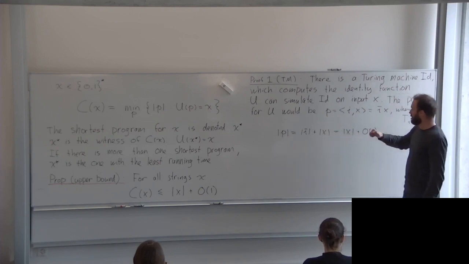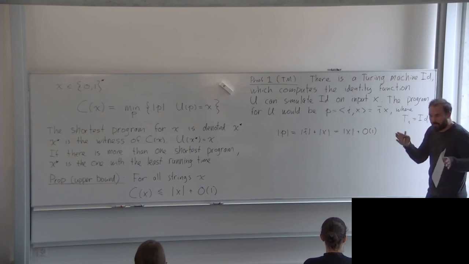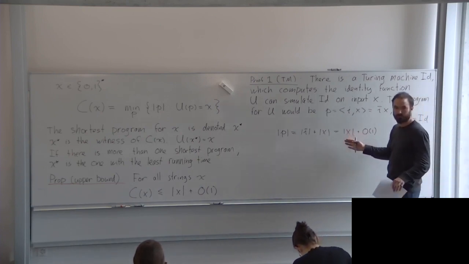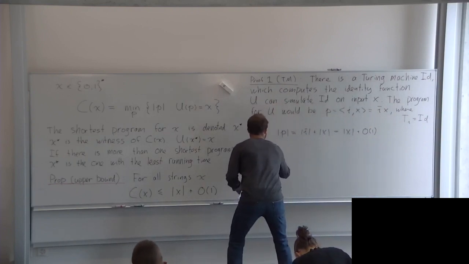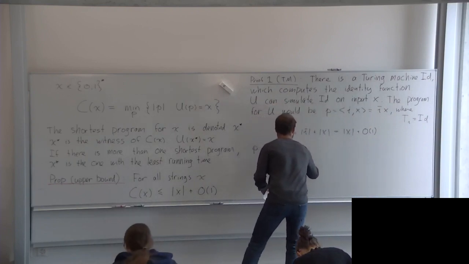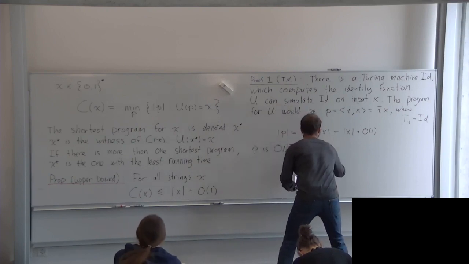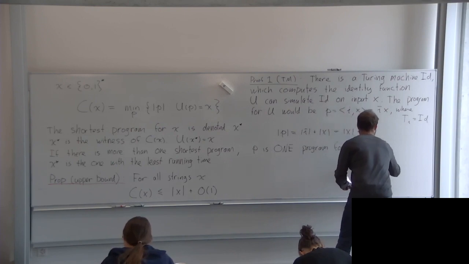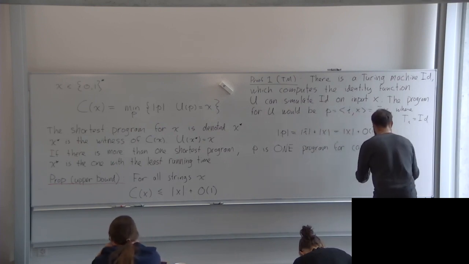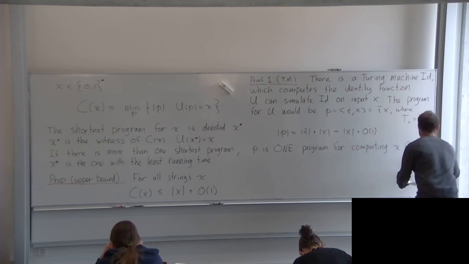That's one way of computing it, but it means that the minimal way of computing X is shorter than that. Okay, P is one program for computing X from U.